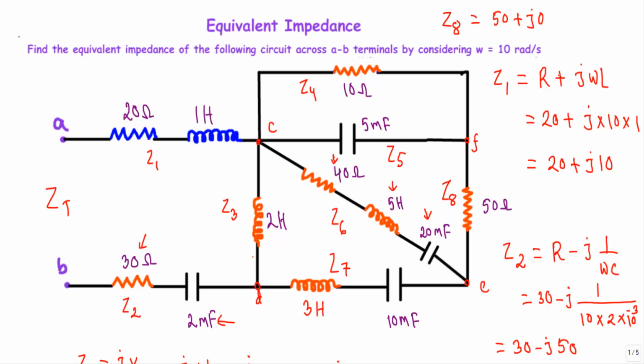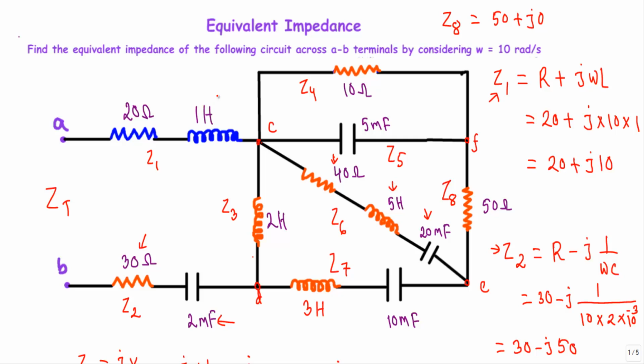Okay, now see, I have Z1 between A and C terminals, I have Z2 between B and D terminals, I have Z3 between C and D terminals, I have Z4 and Z5 between C and F terminals, I have Z6 between C and E terminals, I have Z7 between D and E terminals, and I have Z8 between F and E terminals.